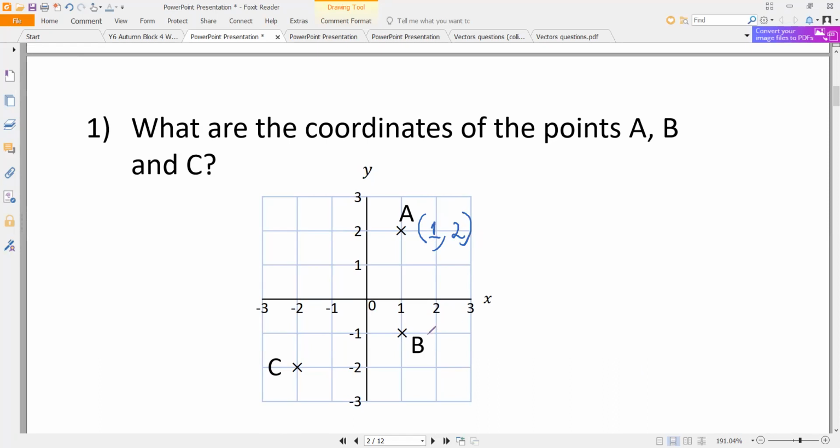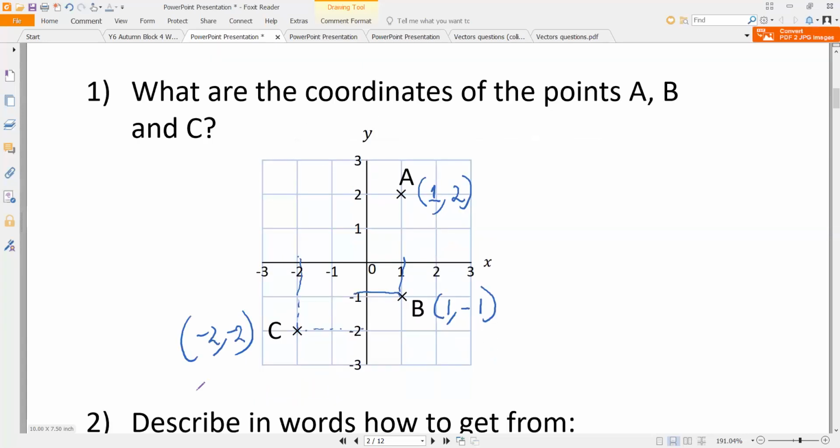And the coordinate of B is simply 1 on the x, but -1 on the y, as you can see. Trace it this way. And the coordinate of C, if you take this to the x-axis, is -2, comma, and then you come to the y-axis. This is also -2. So these are the coordinates.